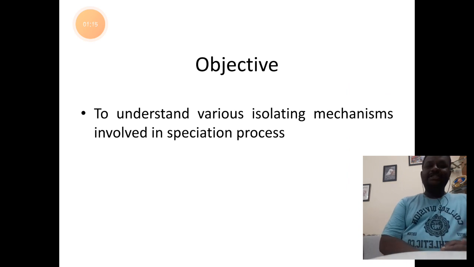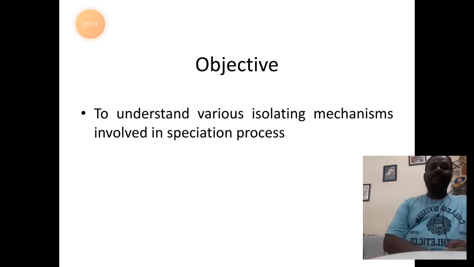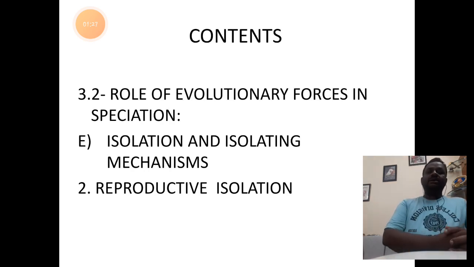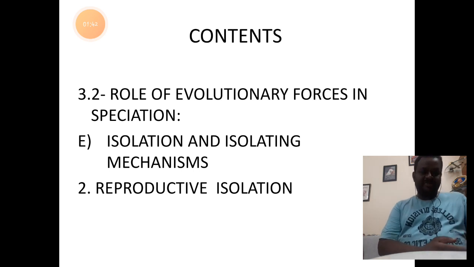The objective of the study is to understand various isolating mechanisms involved in the speciation process related to reproductive isolation. The contents include the role of isolation, the evolutionary force in speciation, and the type of isolation called reproductive isolation.